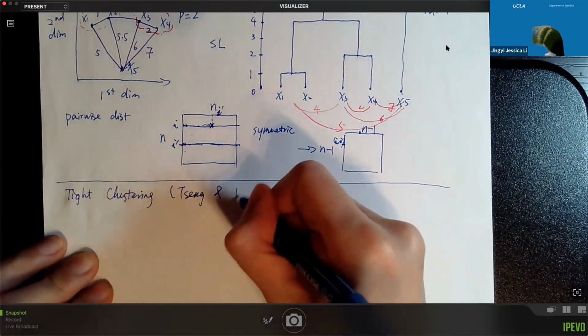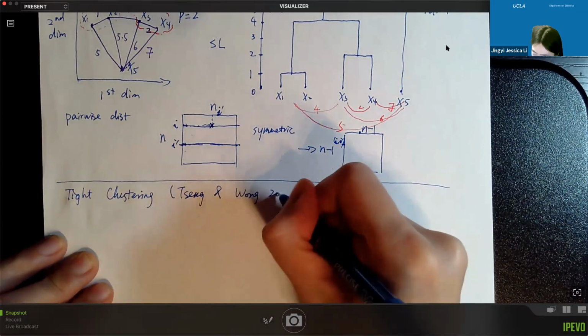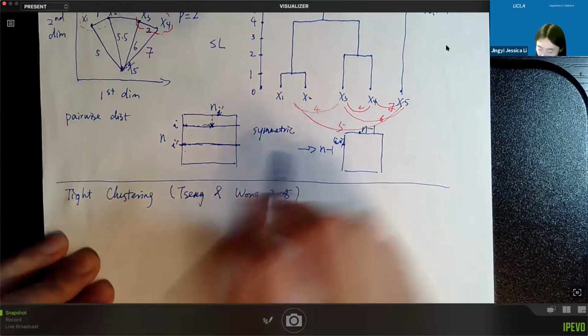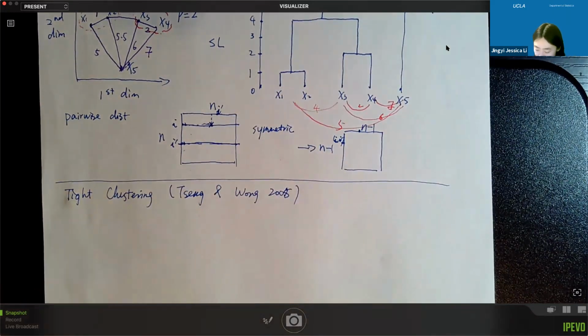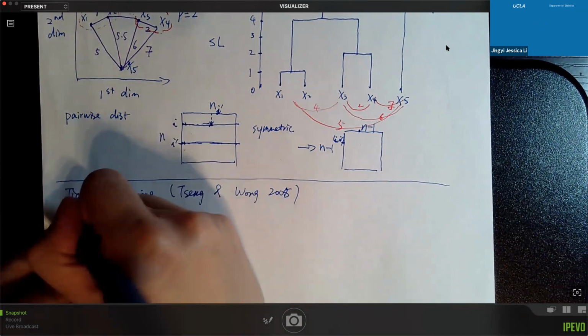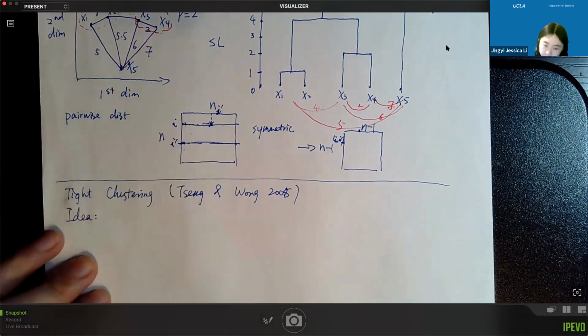It's a 2005 paper by Dr. George Sun, who is currently at the University of Pittsburgh, with his PhD advisor, Dr. Wing Wong, who is at Stanford University. They developed the tight clustering method so that you find tight clusters for just a subset of your data points. There are two motivations for doing this.